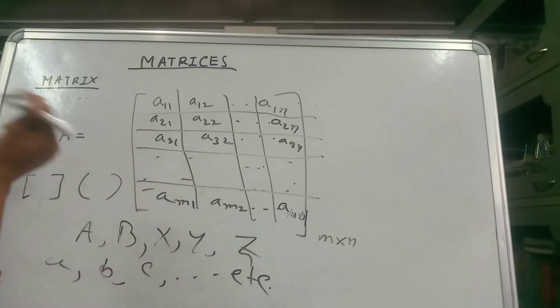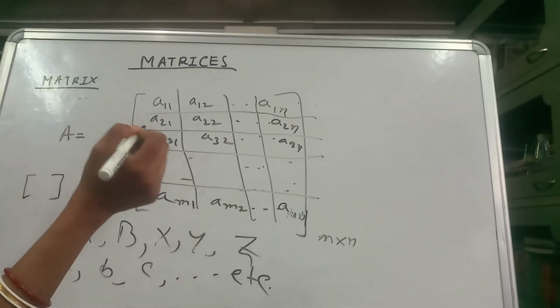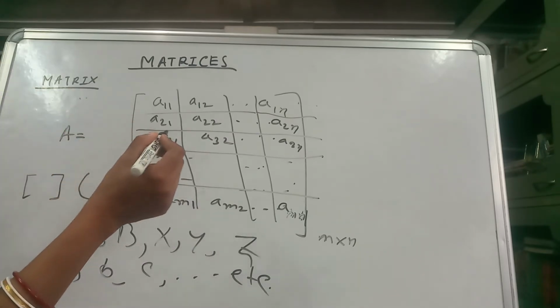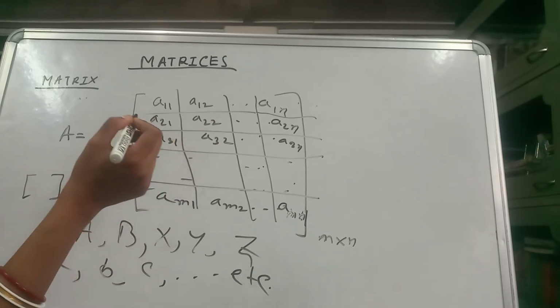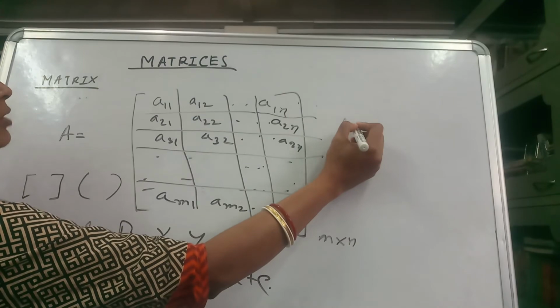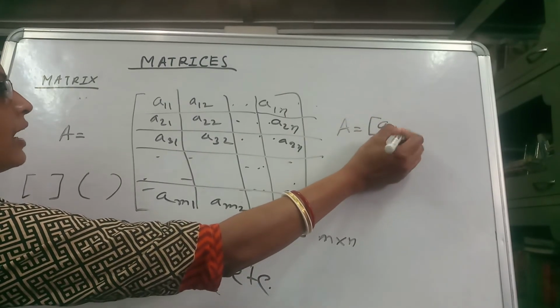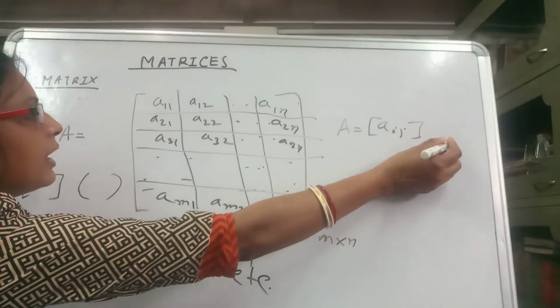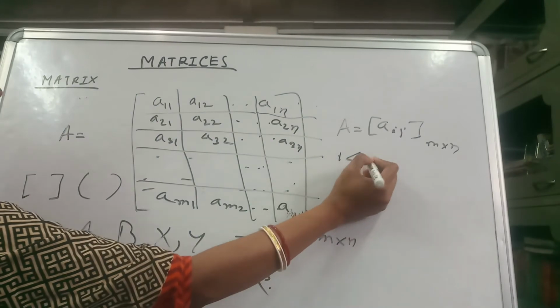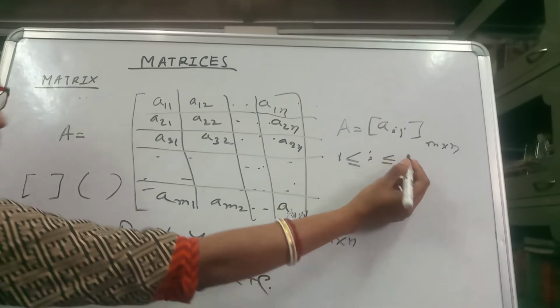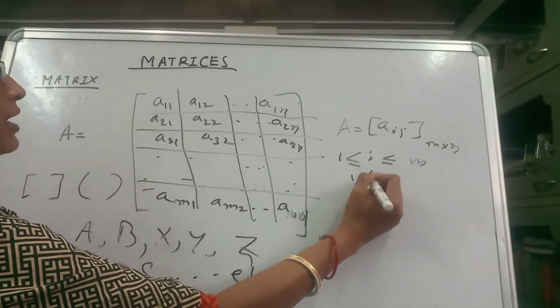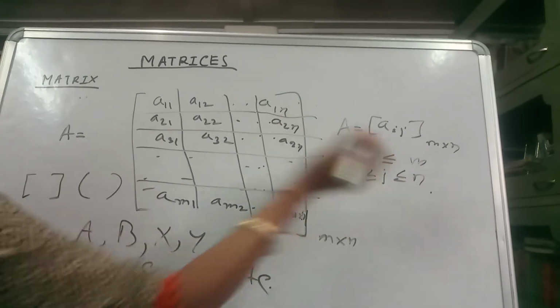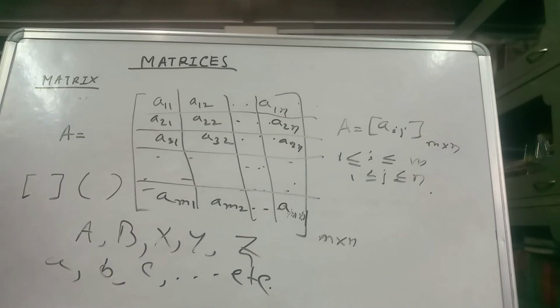Now, if we want to give the notation of the matrix, then we can write it as A equal to aij m by n, where 1 less than or equal to i less than or equal to m and 1 less than or equal to j less than or equal to n. This is the definition of the matrix.